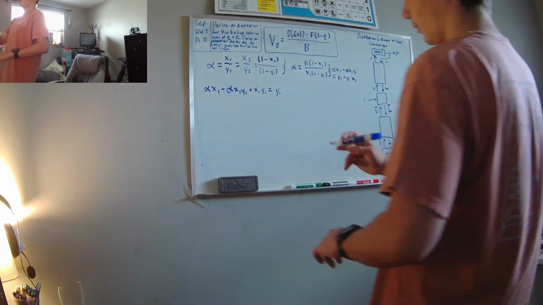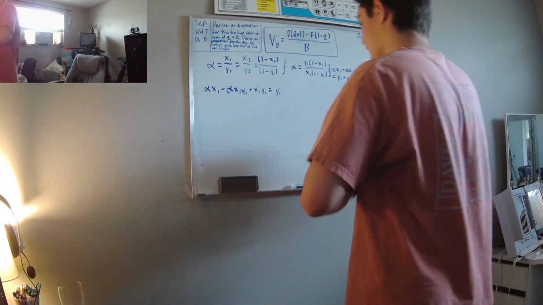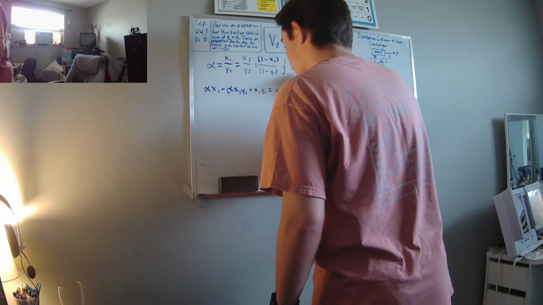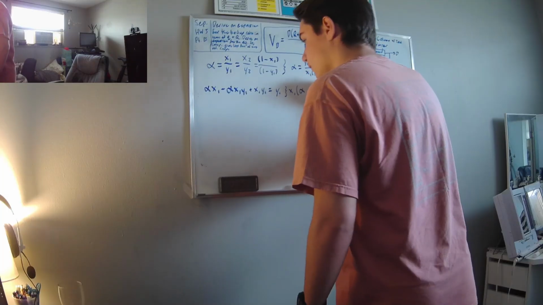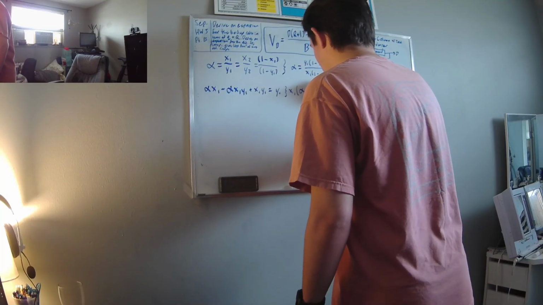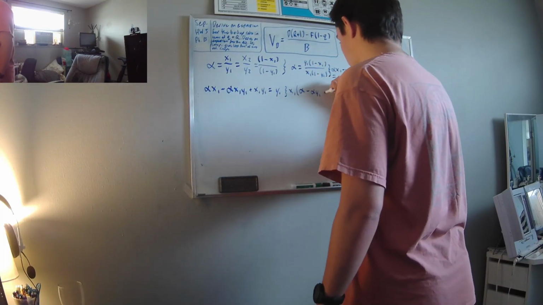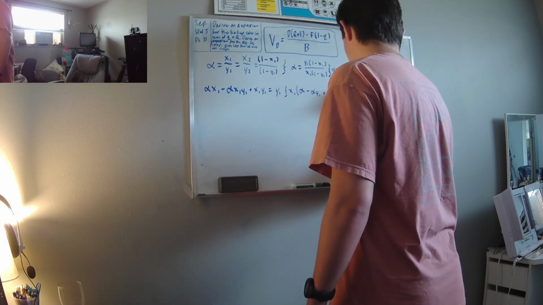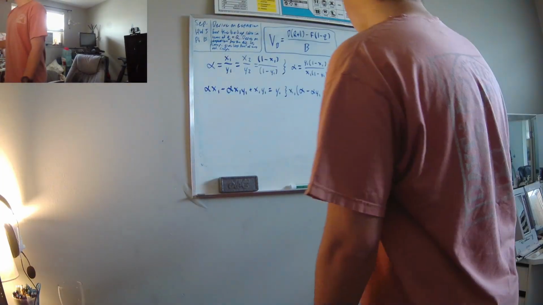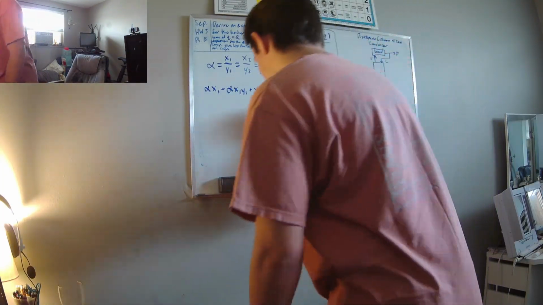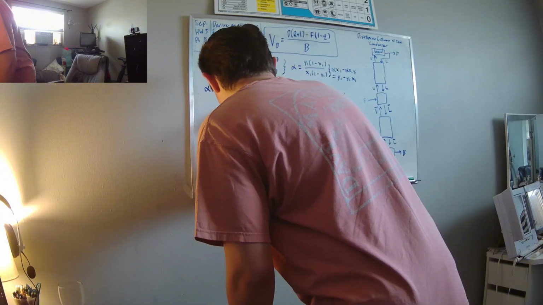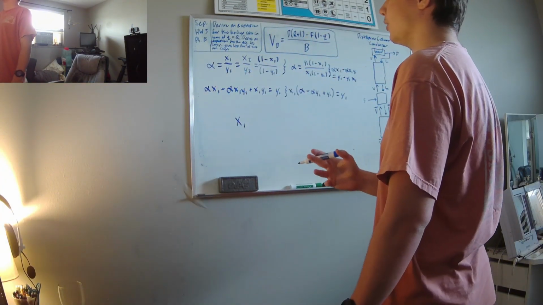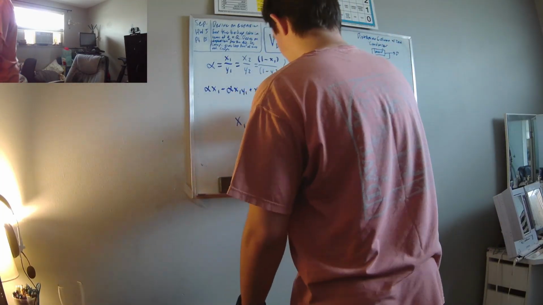And as I was saying before, once we factor out this x, we get that x1 times alpha minus alpha y1 plus y1 equals y1. And then, as you can see, we can solve for our x1, which is what we're looking for here, the equilibrium liquid composition.